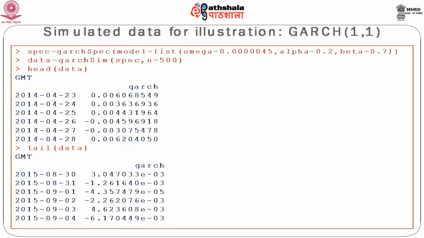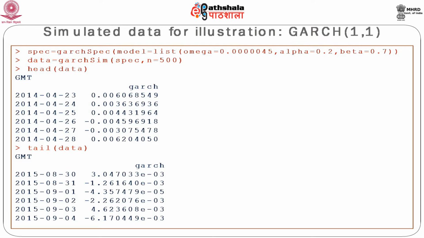So let's generate the data for illustration. I deliberately make the simulation very simple for your understanding. I just took a GARCH order (1,1) and generated the data, fixing omega equals 5.5045, alpha equals 0.2 and beta equals 0.7, and then finally the garchSim function was called and 500 data points were generated, and the data was stored in a variable called data.